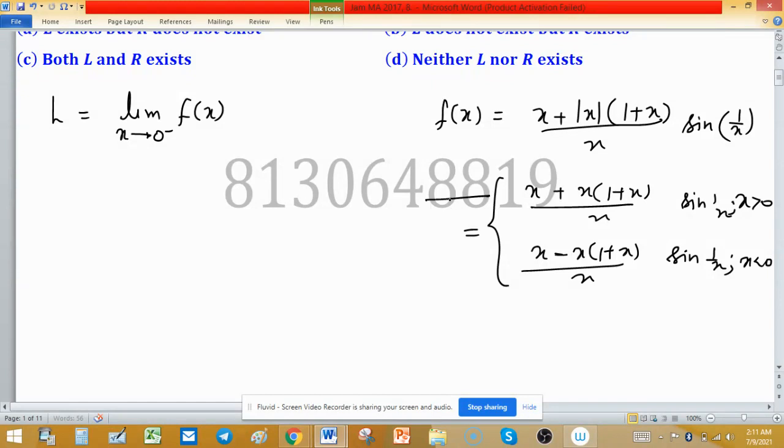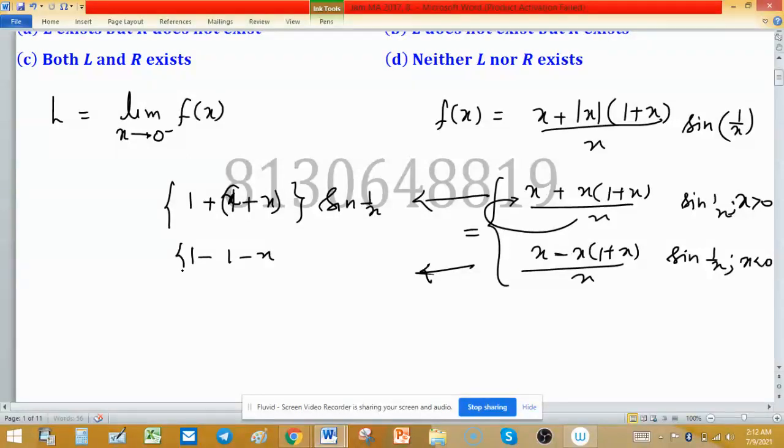Further, you can simplify. Take x outside, so it will cancel out with this one. The first term will be 1 plus 1 plus x, and sine 1 upon x is also there. The second term will be 1 minus 1 minus x into sine 1 upon x.